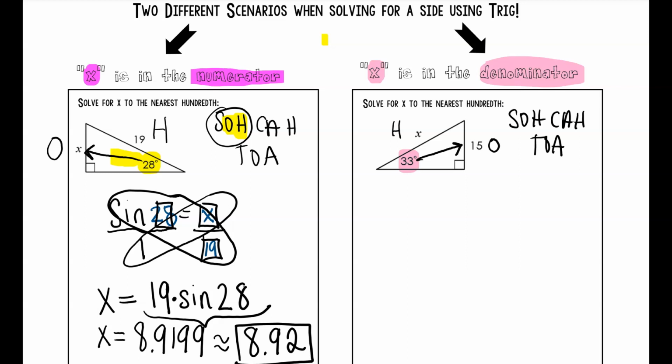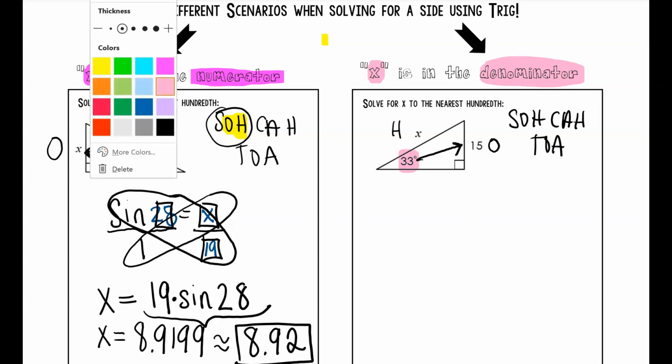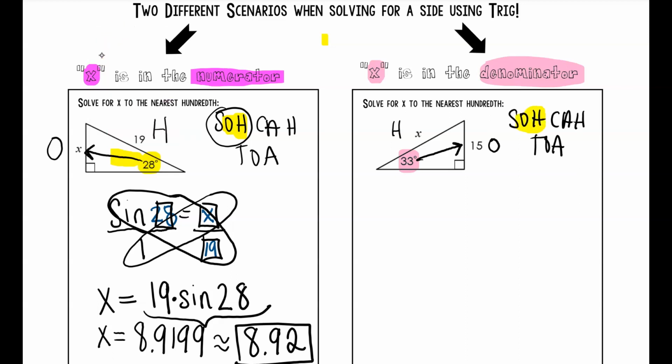So again, we are going to be using sine, but when I set up my ratio, it's going to be a little bit different when I cross multiply. So it's going to be the sine of the angle is equal to opposite over hypotenuse. Here's my template. Inside the first box next to the word sine always goes your acute angle, which in this case is 33.